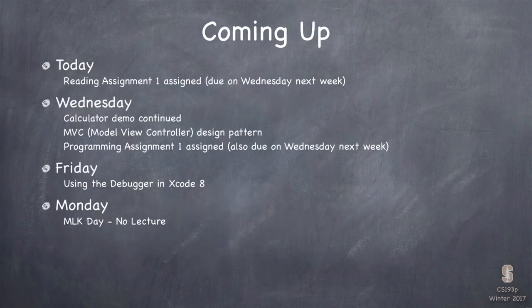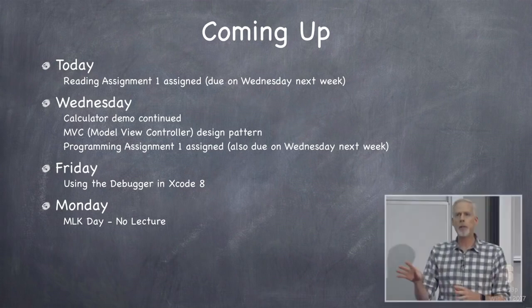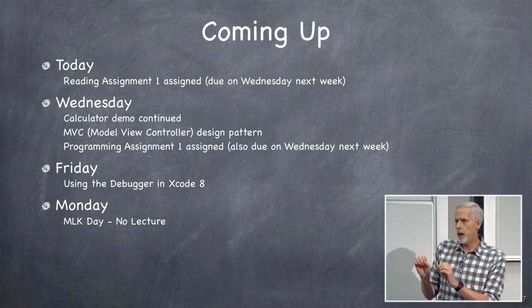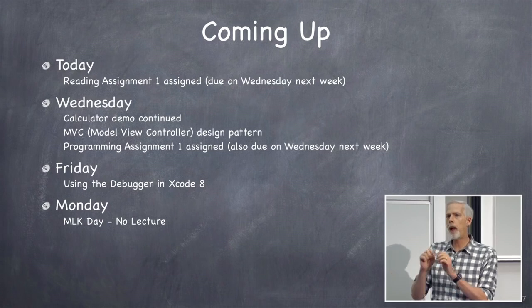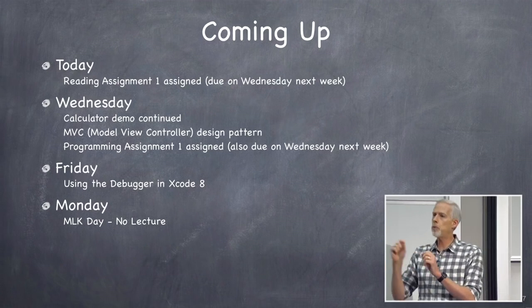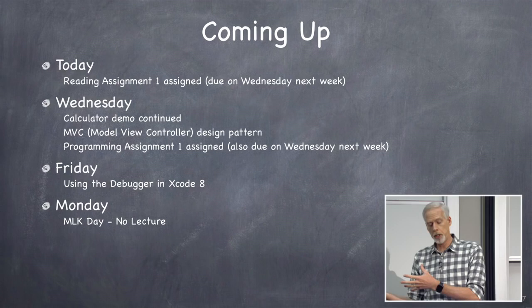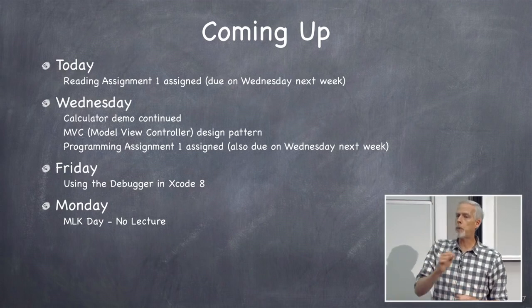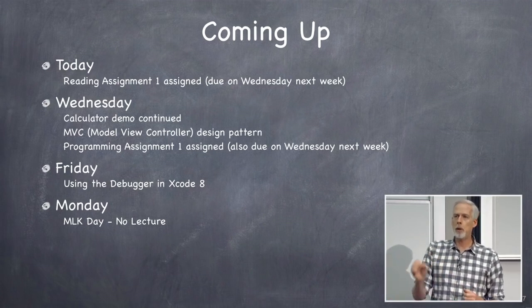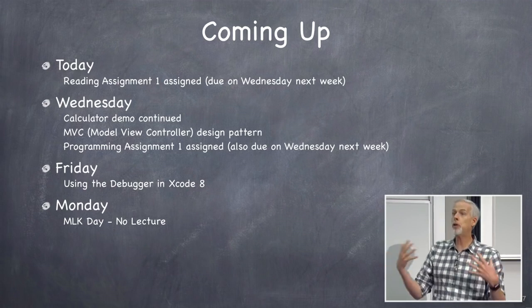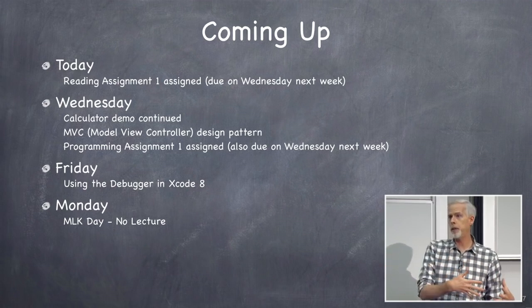Since I'm not going to get back to the slides after the end of my demo, it's just going to be the end of the lecture, I'll tell you a little bit about what's coming up. On Wednesday, I'll be continuing this demo, but not until after I give you this talk about MVC, because what we're going to do in the calculator is apply MVC to it on Wednesday. Your first programming assignment will go out on Wednesday, which is pretty much to replicate what I'm doing today and on Wednesday.